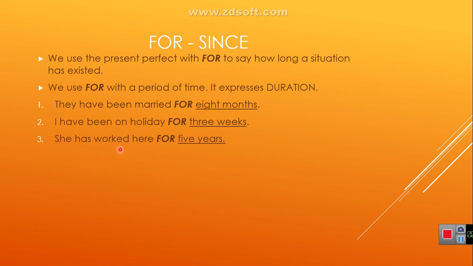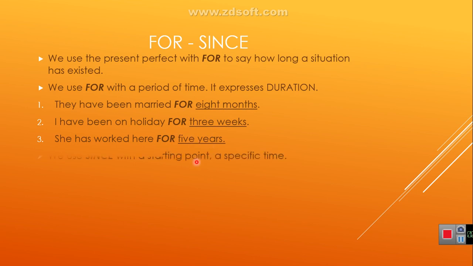It means she started working here 5 years ago and she's still working here up till now. We use has worked, the present perfect, with for, and after for we have 5 years. 8 months, 3 weeks, and 5 years are periods of time or duration. So we use for when we have a period of time or duration.